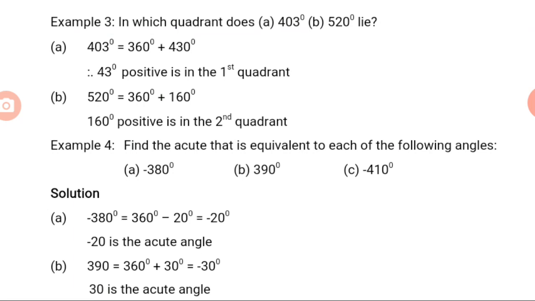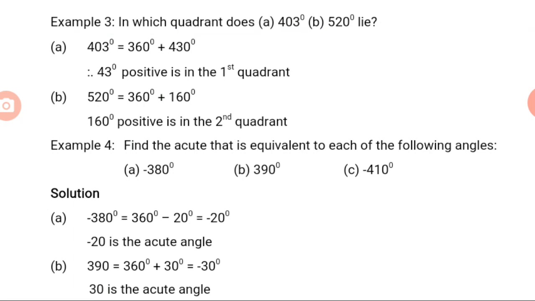Now, what are we going to subtract? Because minus 380 degrees is negative, both of them should be negative. So minus 380 degrees will be equal to minus 360 degrees minus 20 degrees. It's not 360, but minus 360.